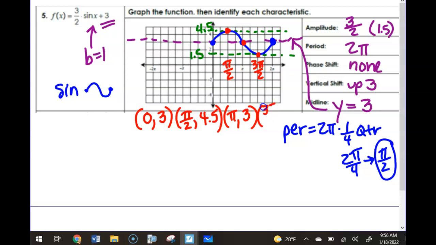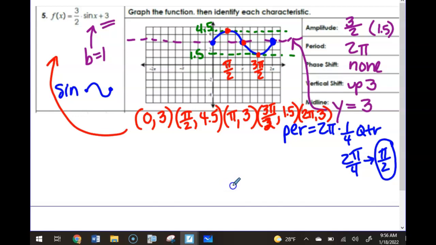Then we went over another pi over 2, so we're at 3 pi over 2, and that one is at the minimum of 1.5. Sorry, I wrote that wrong. And then we were back at 2 pi to the midline of 3. Maybe you could write them in here. I don't know if you had room to write them anywhere. And I don't care. It's your notes, so if you didn't write them, that's okay too.